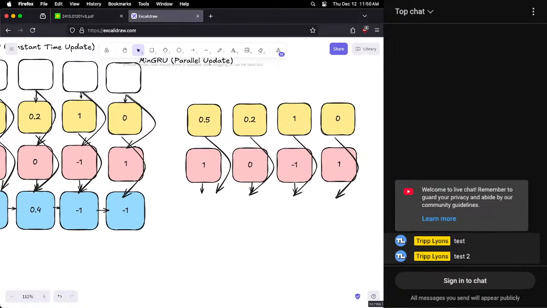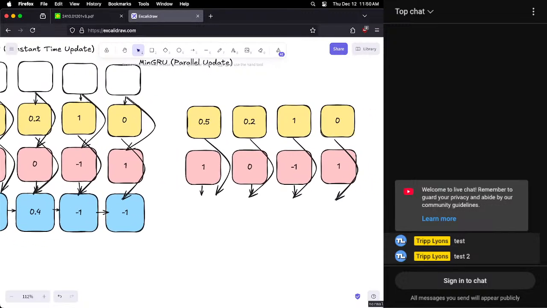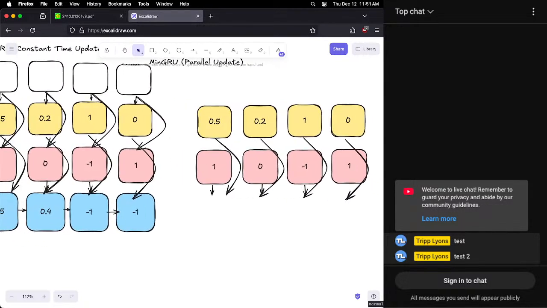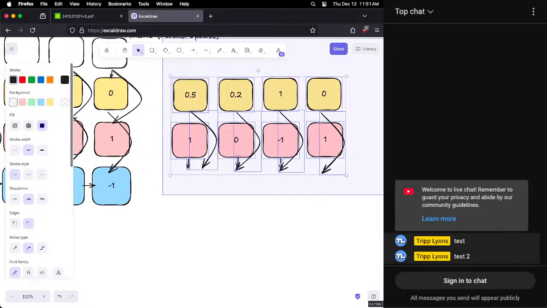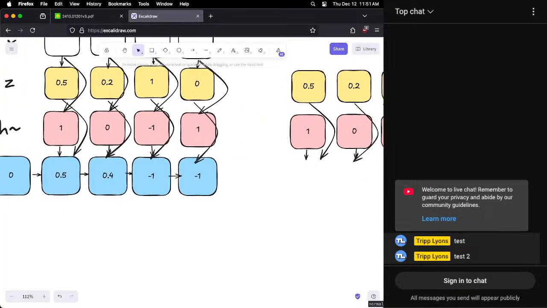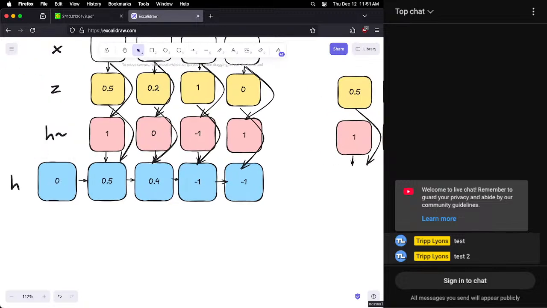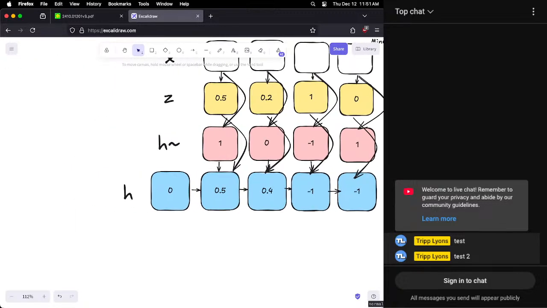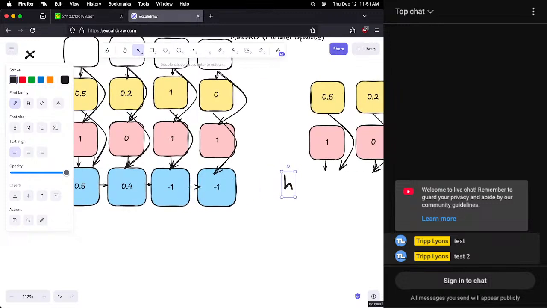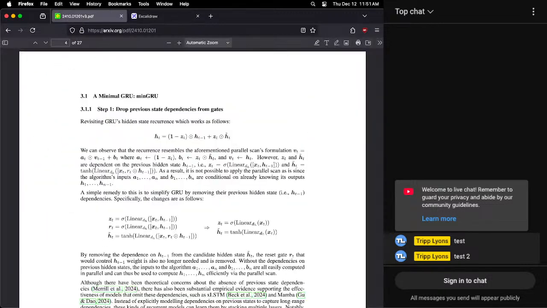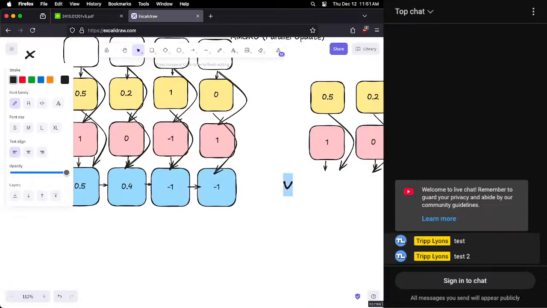Now we can compute our V's. I guess they call them A and B first.